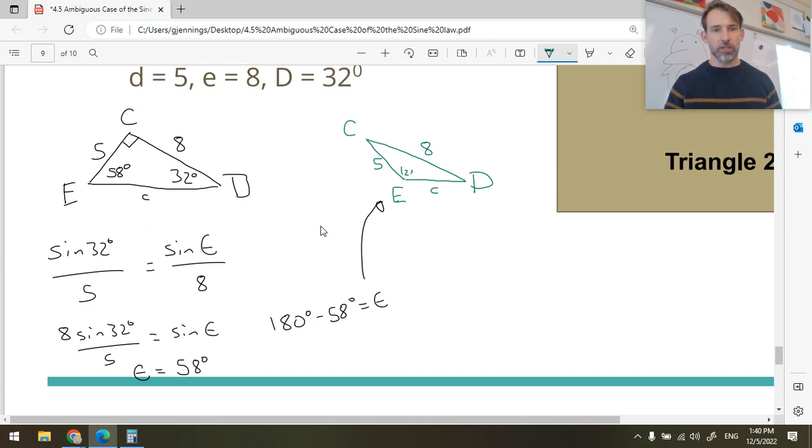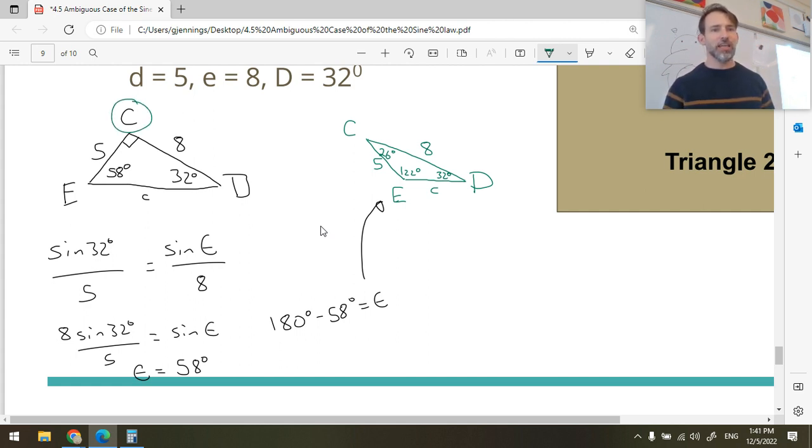This is 122 degrees. This is 32 degrees. And we're going to come back to that triangle in a second. But that angle up there, C, is going to be 180 minus 154. That's 26 degrees up here. So C was either 90 degrees or 26 degrees. So we've got those two different measures.